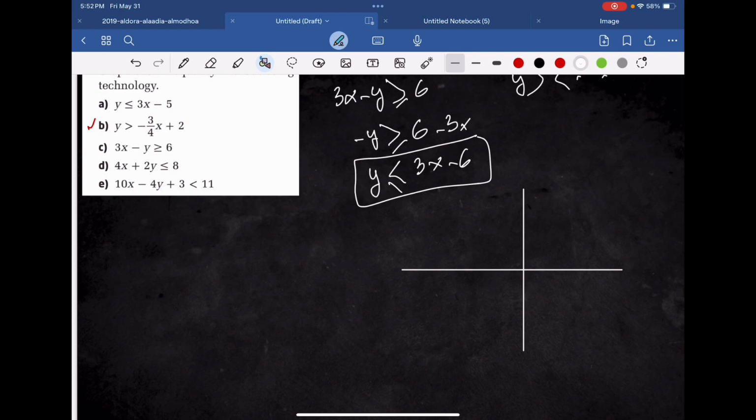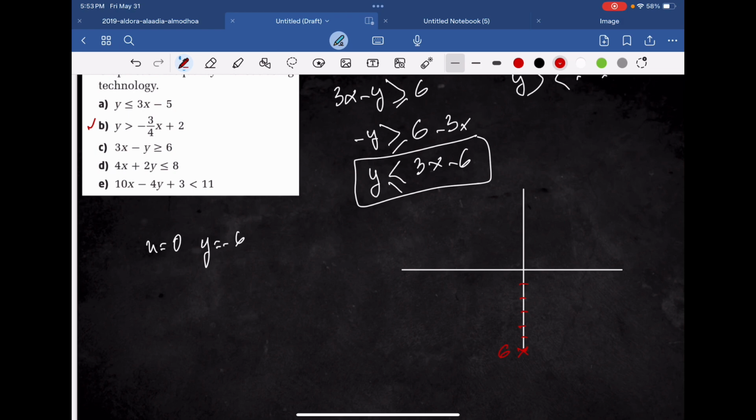So if x equals 0, my y will be equal to minus 6. So 0, minus 1, minus 2, minus 4, minus 5, minus 6. This is the first point.